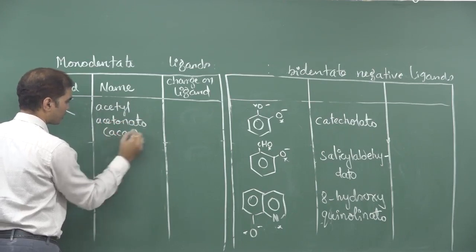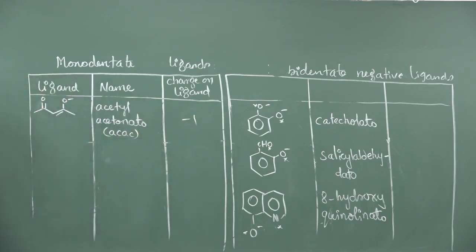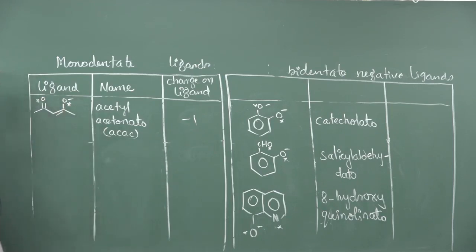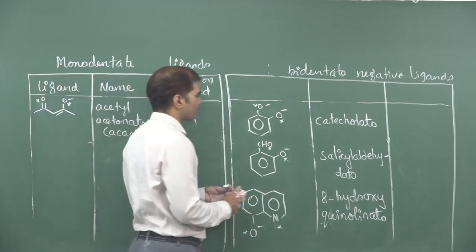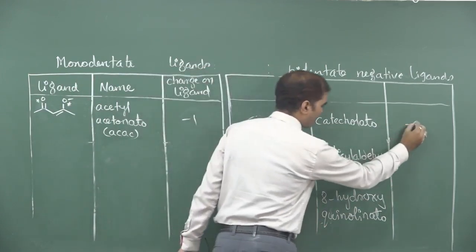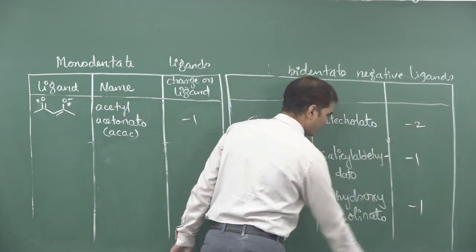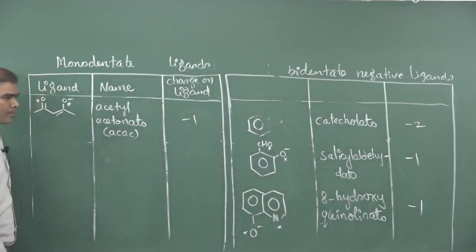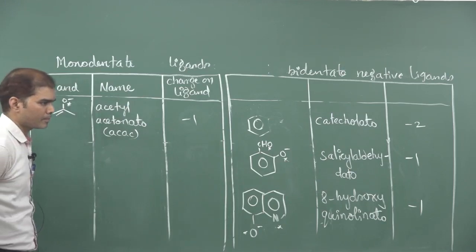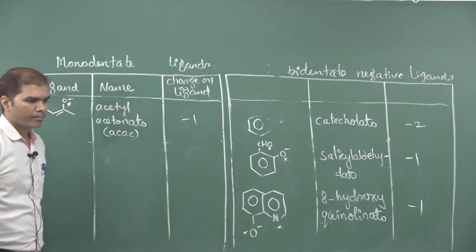Acetylacetonato. It is simply abbreviated as ACAC. It is called acetylacetonato. Two oxygens are the donor atoms. You can abbreviate it as ACAC ligand. Charge: catecholato is -2, salicylaldehydato is -1. This is -1. Finished.